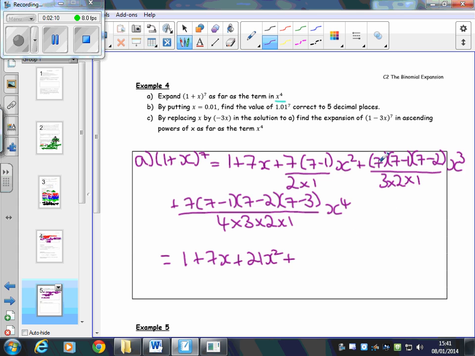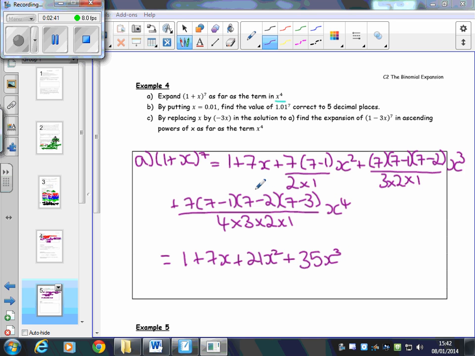Plus, and then we've got 7 times 6 times 5, which will give us 210. 210 divided by 6 will give us 35 x cubed.